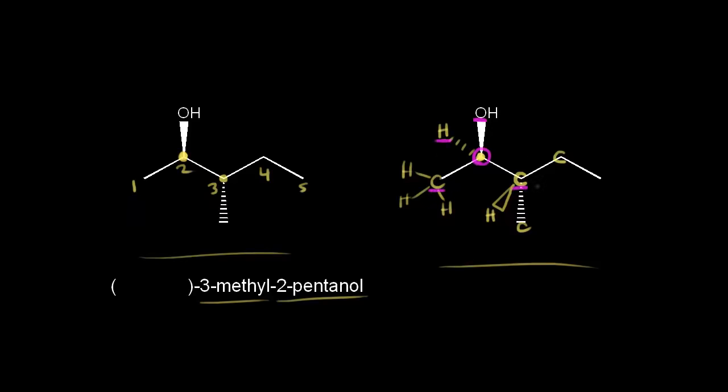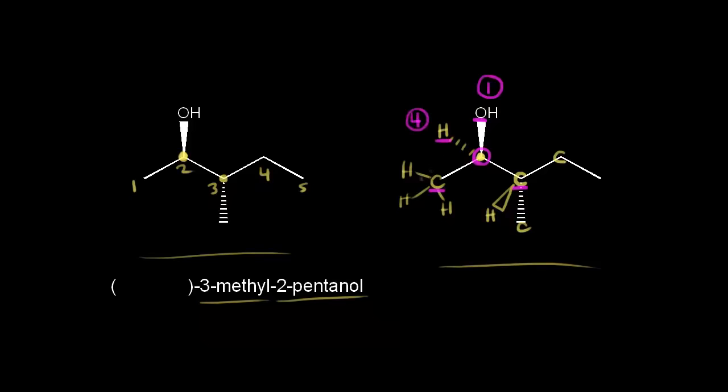So we assign priority based on atomic number. Oxygen has the highest atomic number, so oxygen gets highest priority. So the OH group gets a number 1. Hydrogen has the lowest atomic number, so hydrogen gets lowest priority, and we call that group 4.